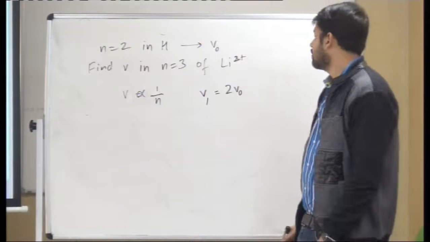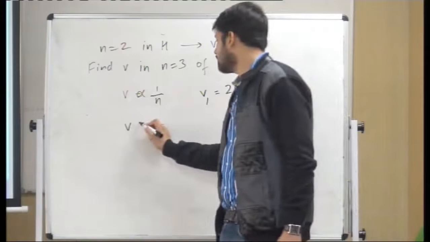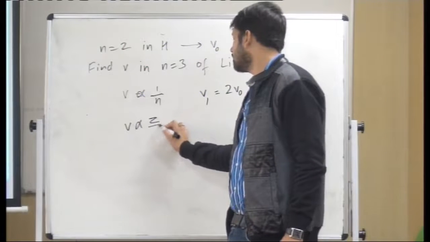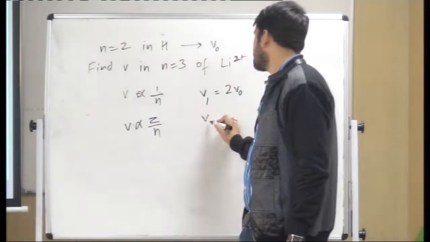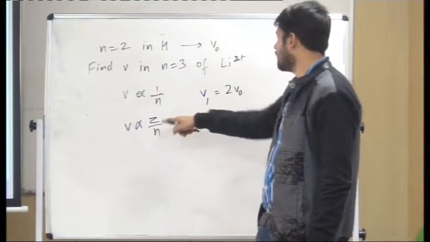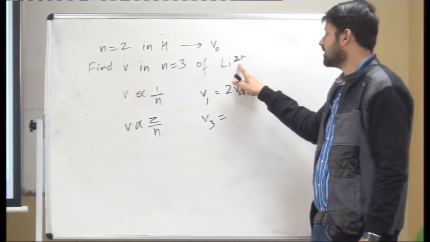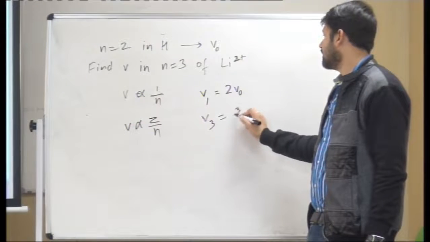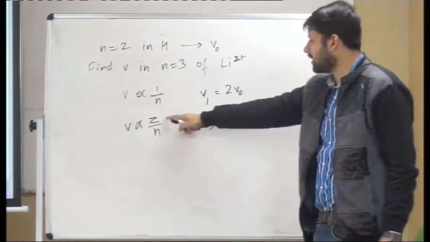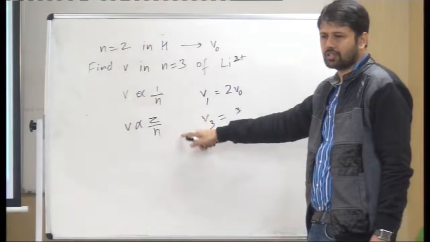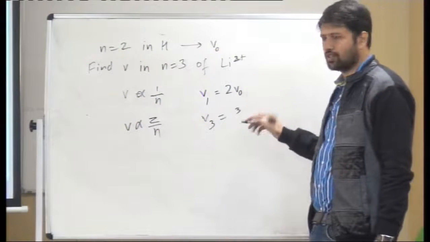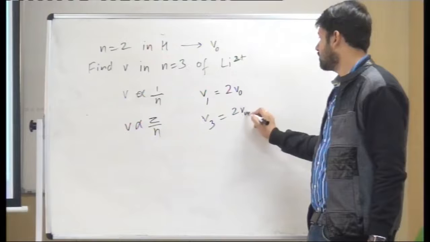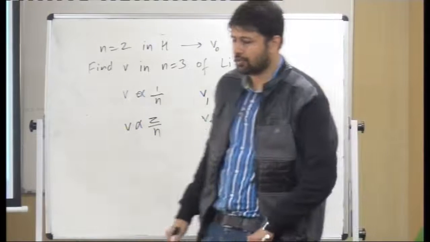For some other scenario, V3 for lithium, Z is 3, so the ratio Z by n is still 1. So the velocity would again be 2v naught. The ratio is 1, velocity would be 2v naught.